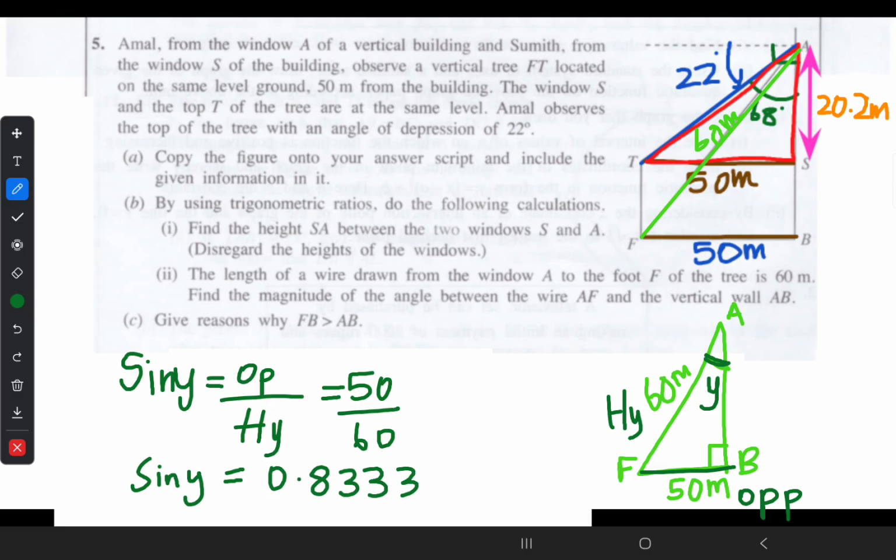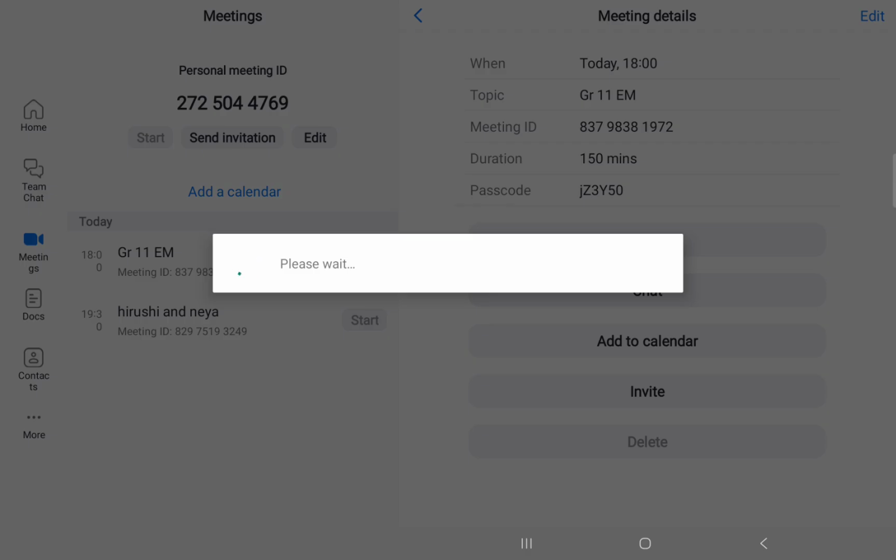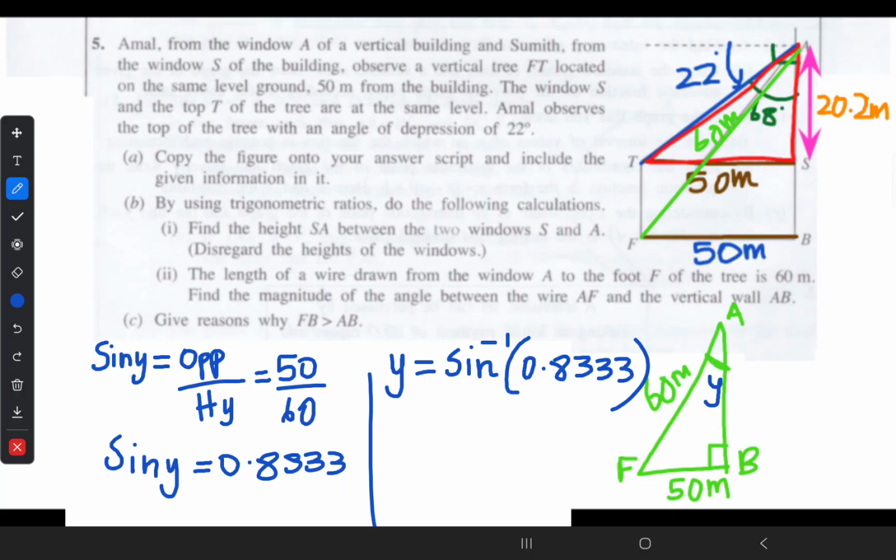We know the sine value, and from it we are going to find the angle. That means we need to find the anti-sine of this value. To find the anti-sine inside the natural sine table, you have to find which angle this value belongs to.